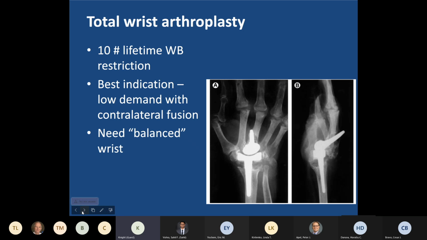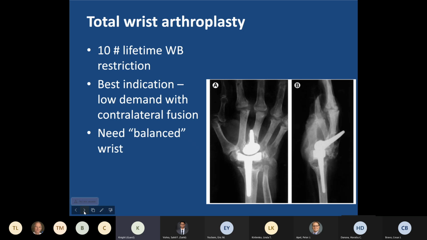Certainly the best indication for this, and the board answer, would be someone who has a contralateral wrist fusion. Certainly you want something that retains motion on the contralateral side. Most people will fuse the dominant wrist and then do a motion sparing procedure on the non-dominant wrist.